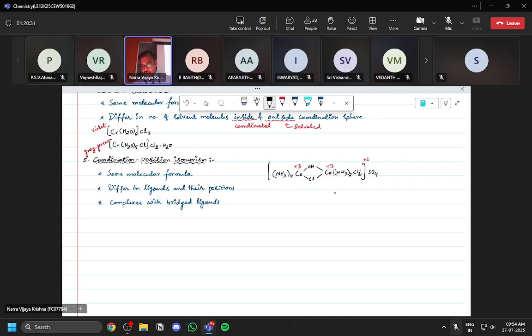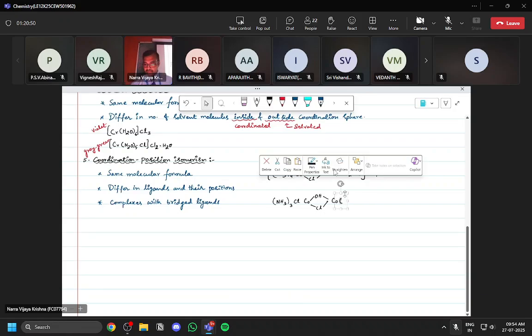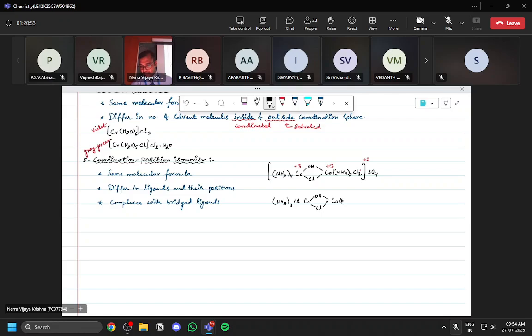I am exchanging one chlorine from here to here. NH3 thrice, chlorine, cobalt, OH, Cl, again cobalt, NH3. Which comes first, N or Cl? Cl comes first. NH3 thrice.